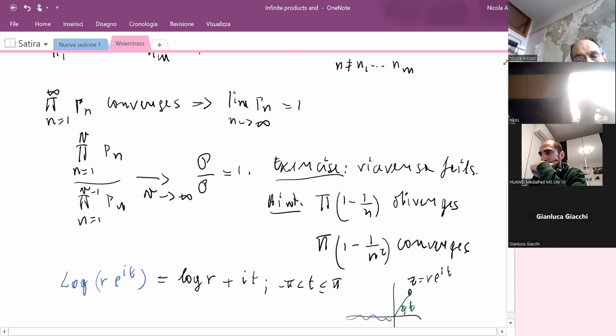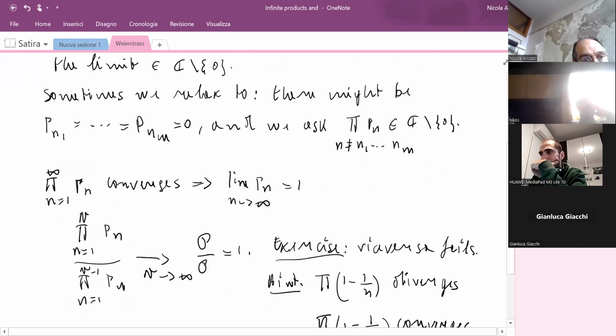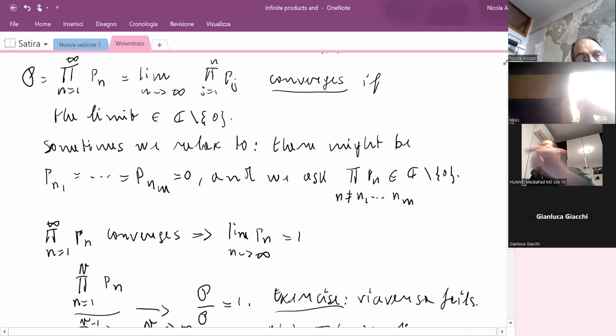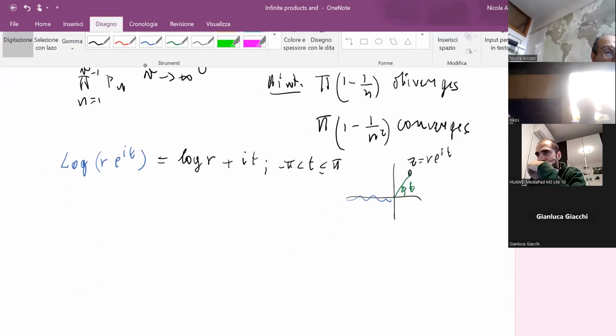Okay, products leave many of us uneasy, including myself. It's much better to deal with a logarithm of a product, which is a sum. And so we have a lemma.